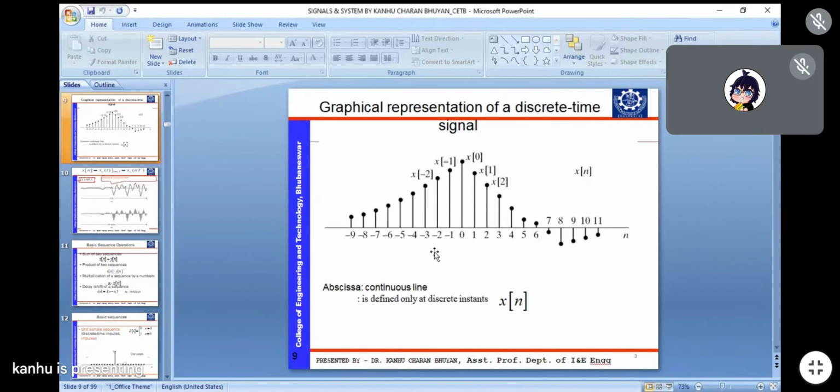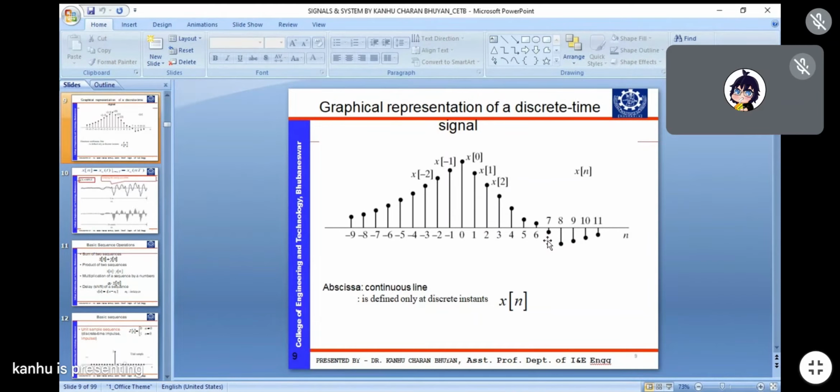x of minus 2. Are you getting my point from this graph? Sir, the y-axis is not there. I know, but it is a particular value. x of 7, you see, minus 0.5, yes or no? x of 7.